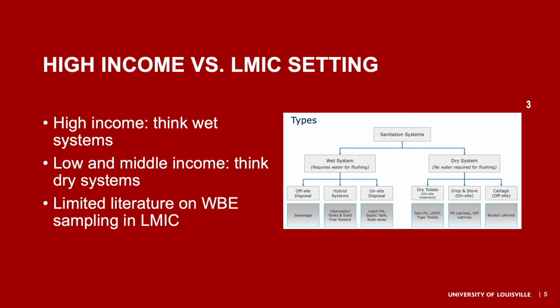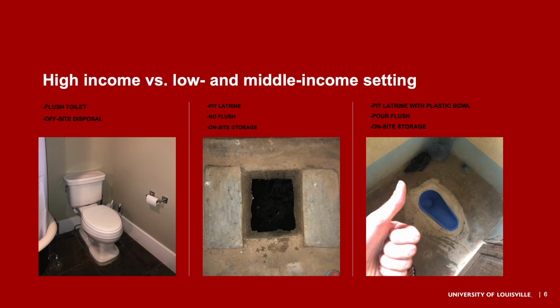Looking at this figure, you can think of the left, wet systems, as high income setting, and the right, dry systems, as low and middle income. Also, we care because there is less literature on wastewater-based epidemiology sampling in low and middle income countries compared to the high income countries. And I illustrate some of these differences in the following slides.